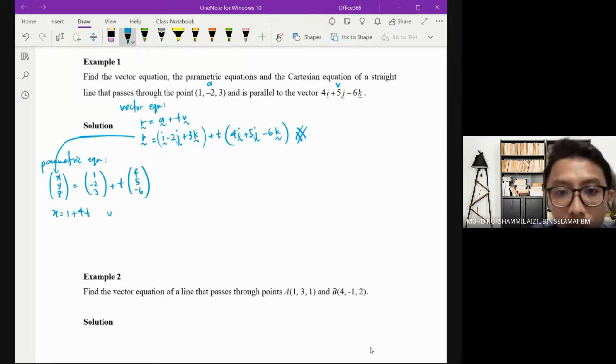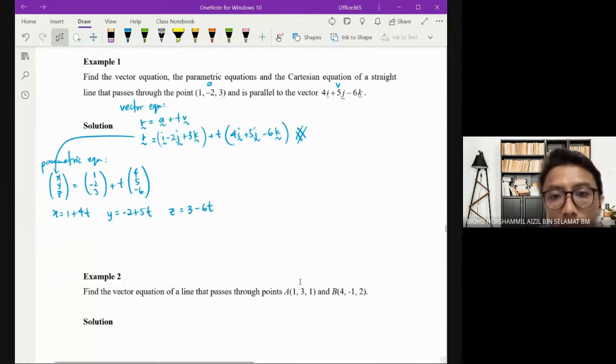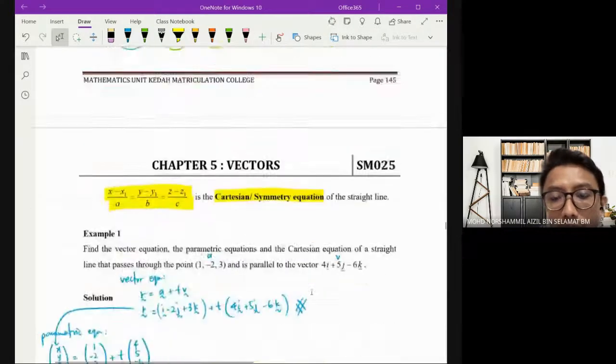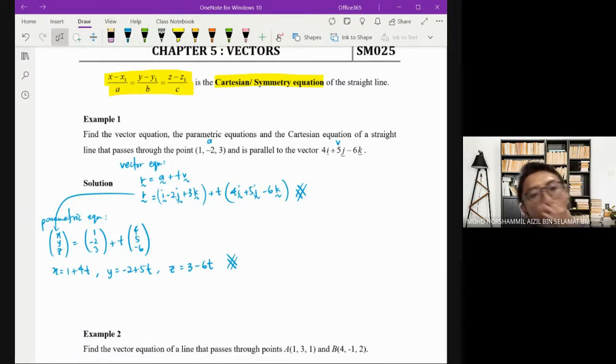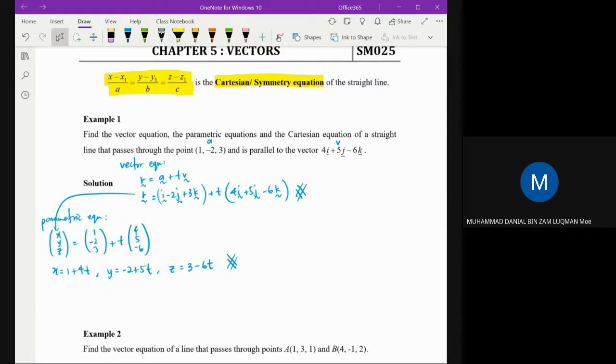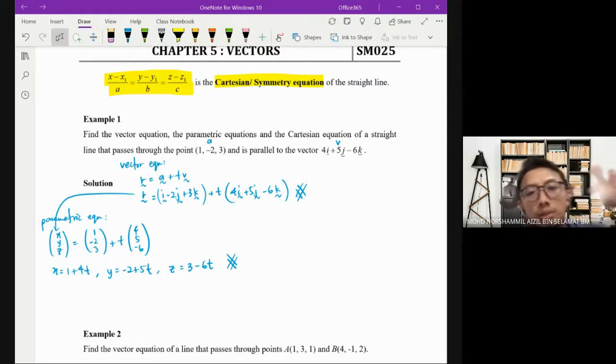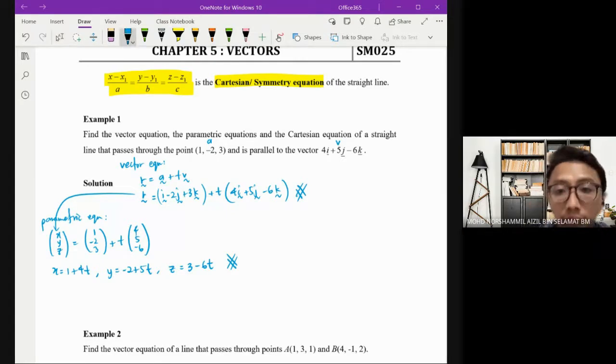The second is Y equals minus 2 plus 5T. The third is Z equals 3 minus 6T. Is that okay? We go row by row, with X, Y, Z as the subjects. So this is the parametric equation. Can you accept that? It's easy: take the vector equation, put in A and B, then separate by X, Y, Z to get the parametric. And then the last one, we change X, Y, Z all into terms of T.